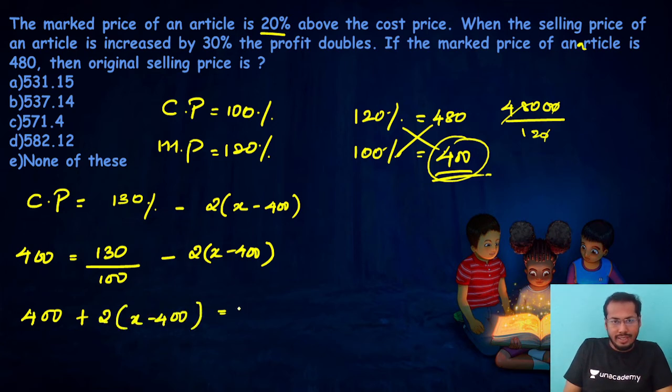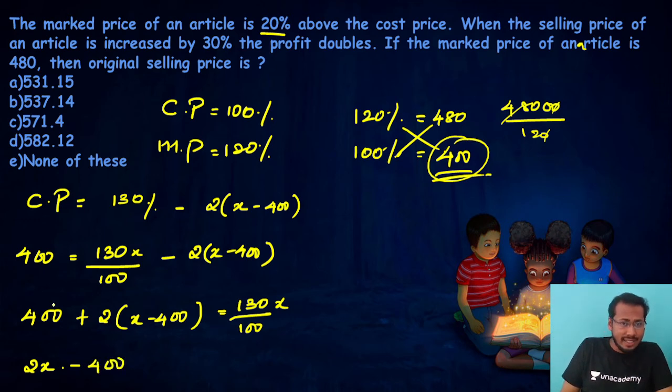You can take 130 divided by 100 here. 130x, sorry, you also write x, then only will you get the answer. So 2 into x is 2x, 2 into 400 is 800, 800 minus 400 again you will get 400 is equal to 130x divided by 100.